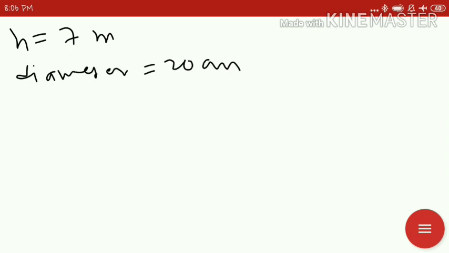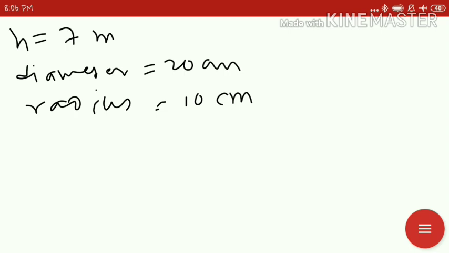Now what we have got from here, that h, that is height, equals 7 meter and the diameter is 20 centimeter. Okay, so there's a problem that one is meter and another centimeter. In which unit are we going to find out? So before we decide, first we will find out the radius, that is diameter by 2, that is 10 centimeter.